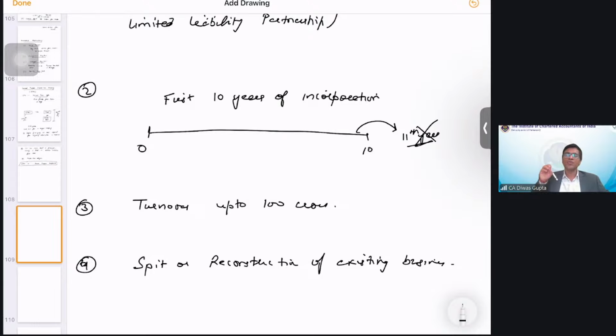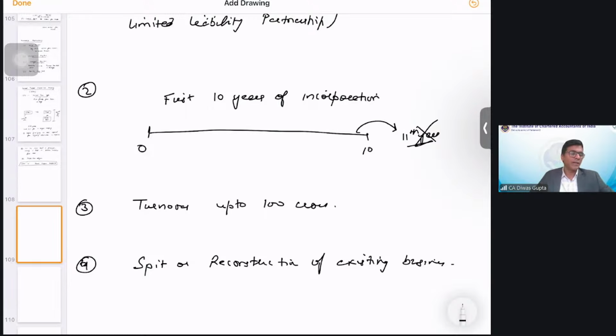If, let's say, Fortune Pharma is formed after split up or reconstruction of the existing business, we cannot say that Fortune Pharma is a startup, because it's not a new venture, it's just formed by a split up. Okay, so the important condition to be satisfied is that it should be a new business, students.